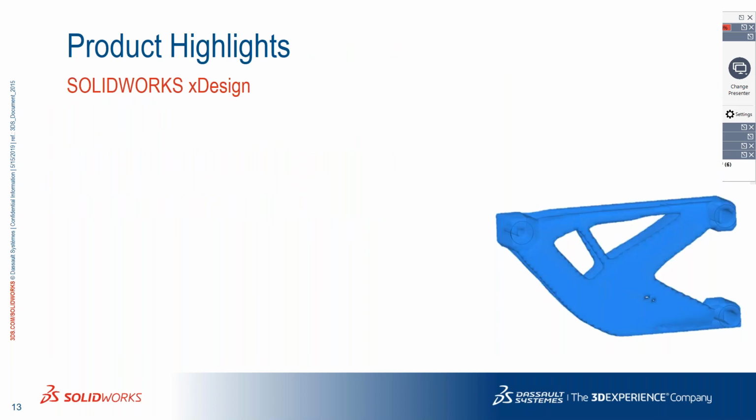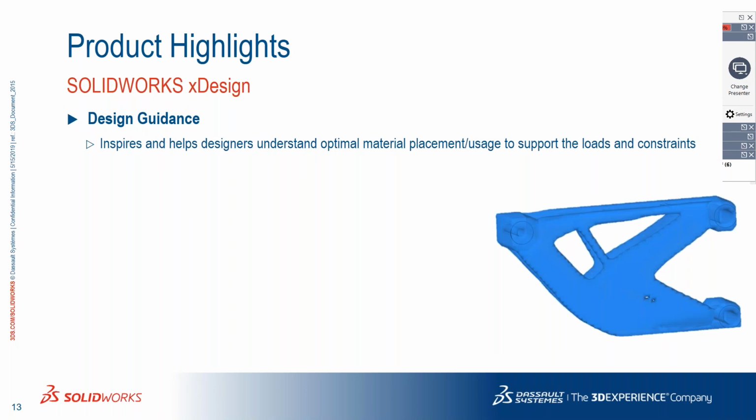So one more slide, on the product highlights. Design guidance is something which is very well accepted by people across the globe. It is a generative design tool that helps designers get the optimum design generated by the software by just defining the supports, loads and constraints.